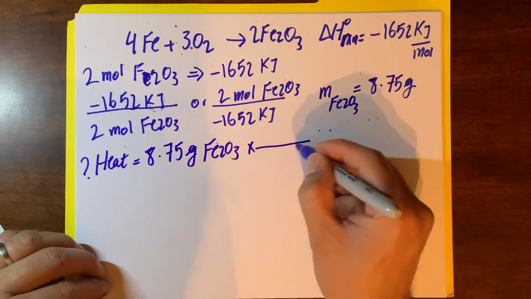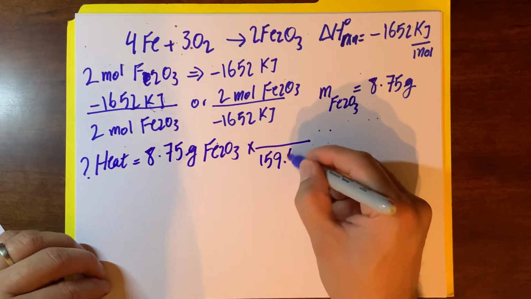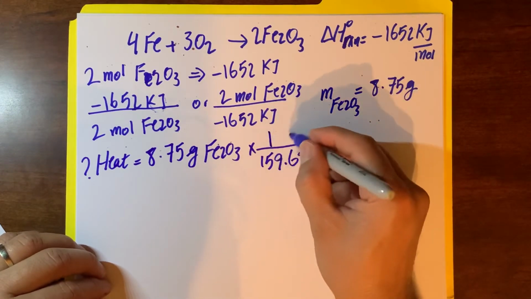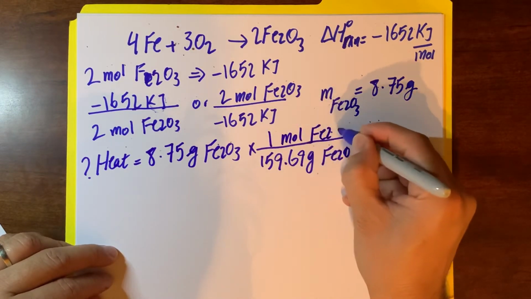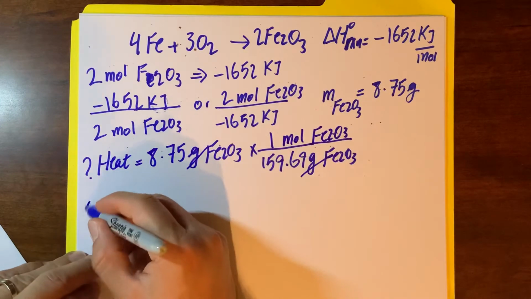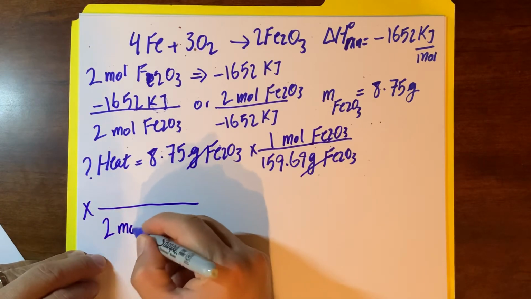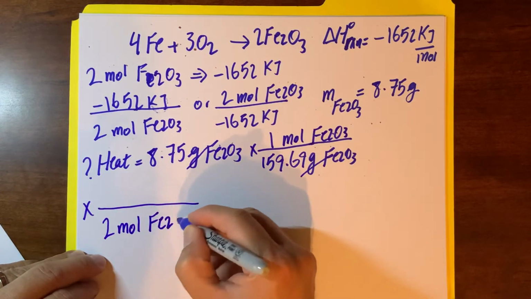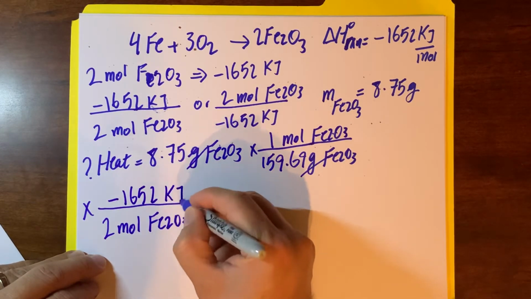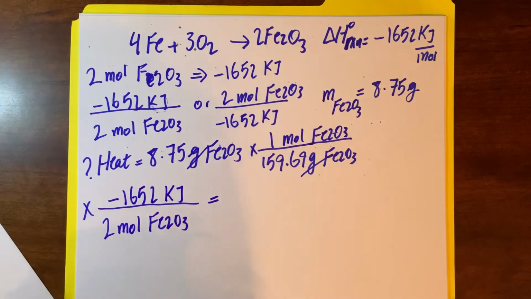I will transfer this to mole, so I will divide it by the molar mass: 159.69 gram of iron 3 oxide equals 1 mole iron 3 oxide. You cancel gram by gram and you get mole. Use the ratio based on the balanced reaction. It says whenever you form 2 mole of iron 3 oxide, you will get minus 1652 kilojoule heat. I use the delta H with the sign, so heat will be negative.